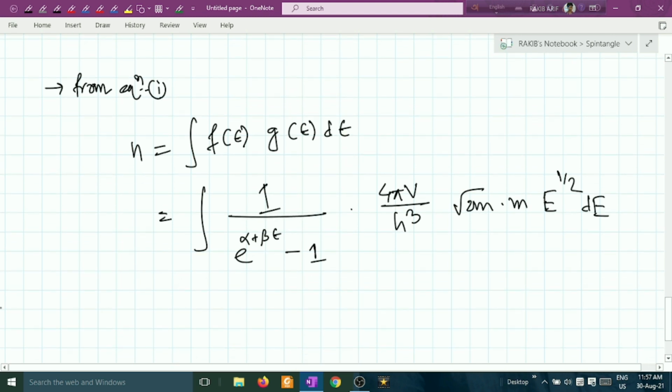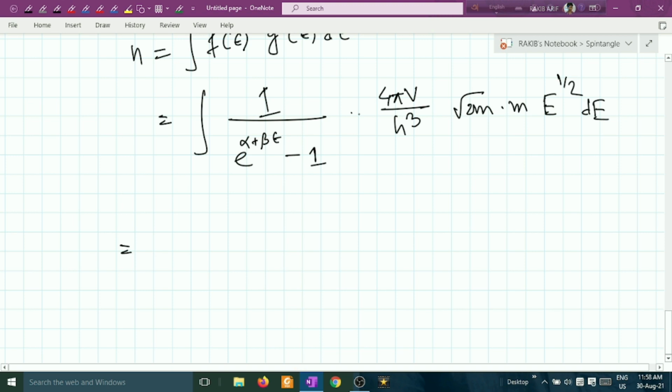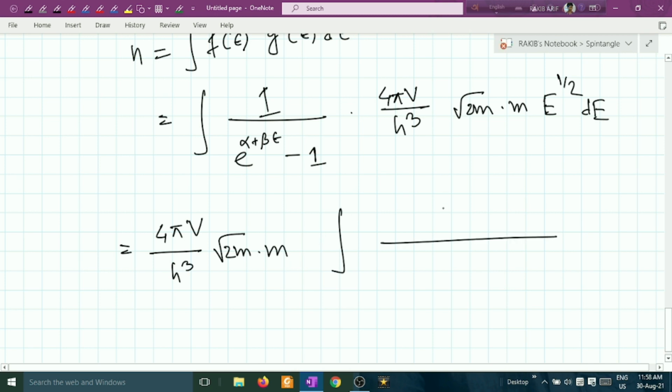Now take out every constant term from the integration. It becomes 4 pi V upon h cubed, root over 2m into m, and inside the integration we have E to the power half dE.